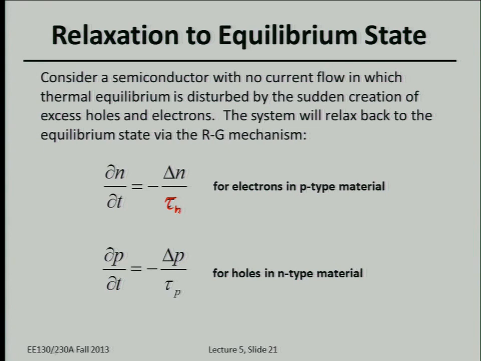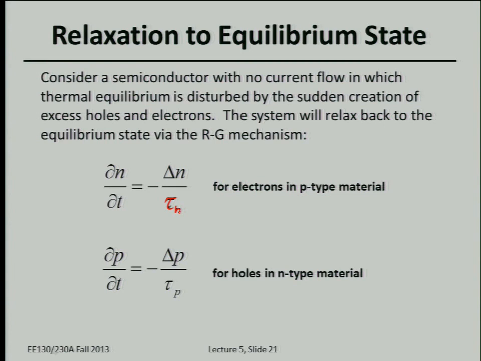So eventually we got a very simple form to describe the excess minority carrier concentration behavior when the system is off equilibrium, okay?